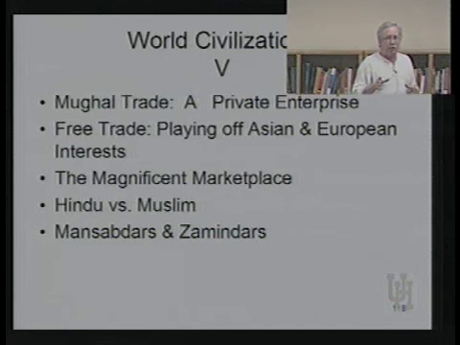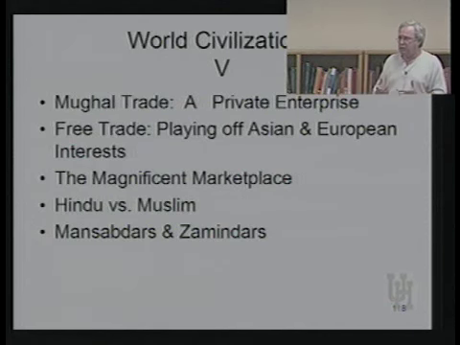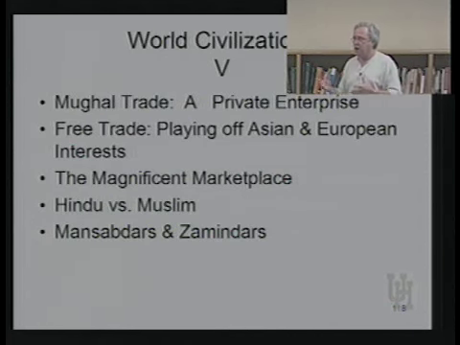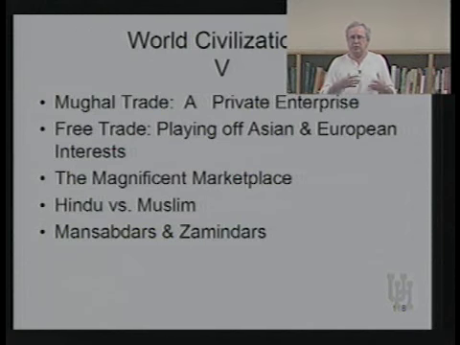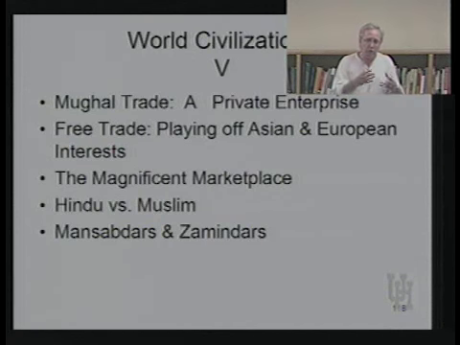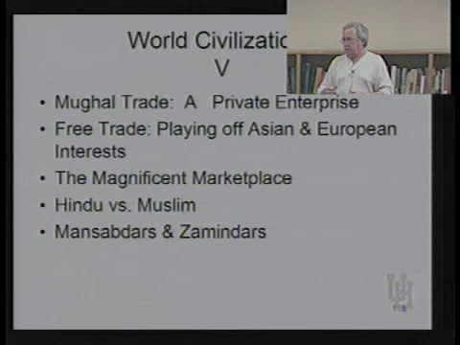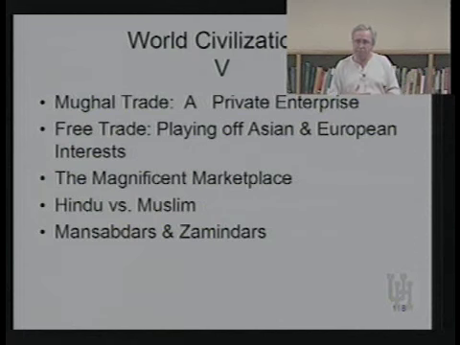The Mansabdars were primarily military leaders who had assisted in the conquest and assisted in the continued governance of the empire itself. And just like the Ottomans, the Mughals would reward these military figures by giving them the right to collect tribute in a certain area that they would control.